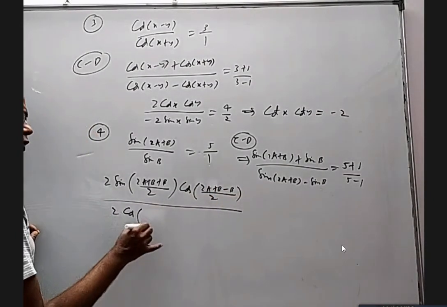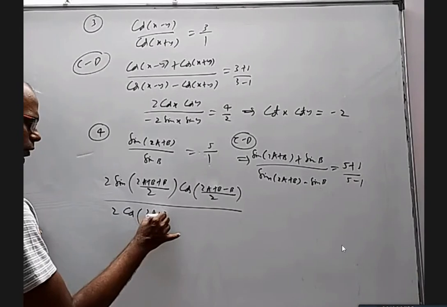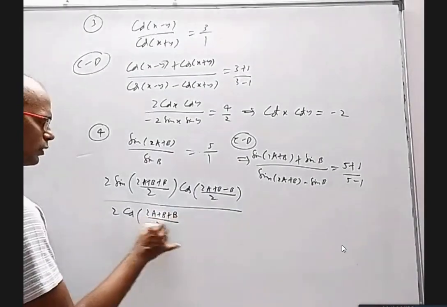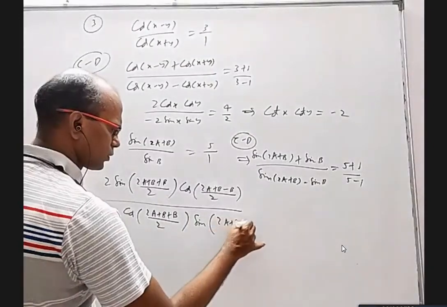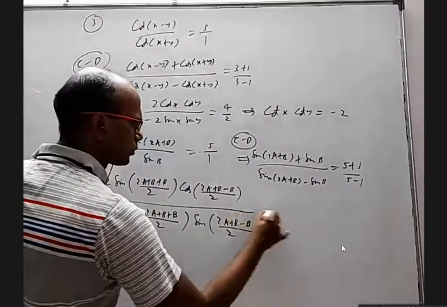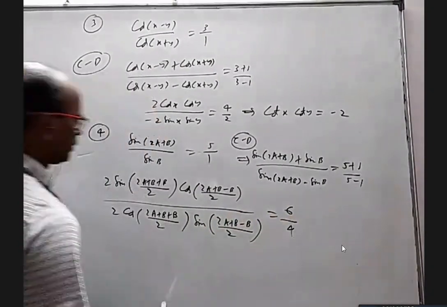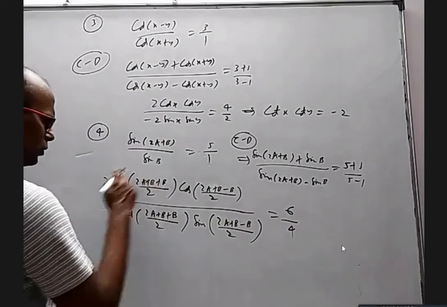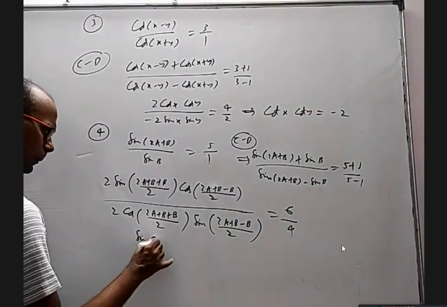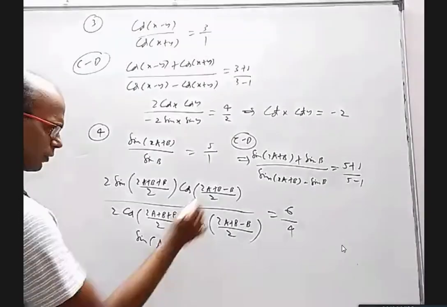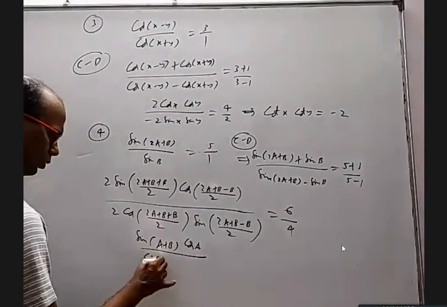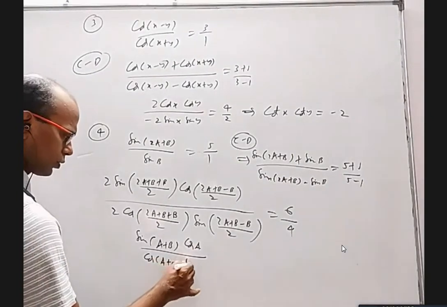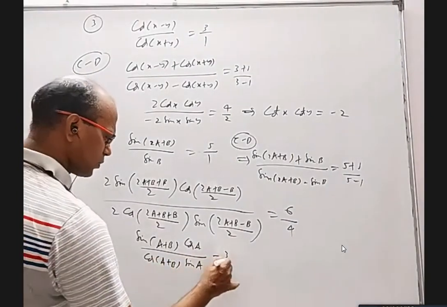Similarly, the denominator is 2 cos((C plus D) by 2) sin((2a plus b) minus b by 2), and this is 6 by 4. I can cancel 2 and this will become sin(a plus b). The b will cancel, it will become cos a.